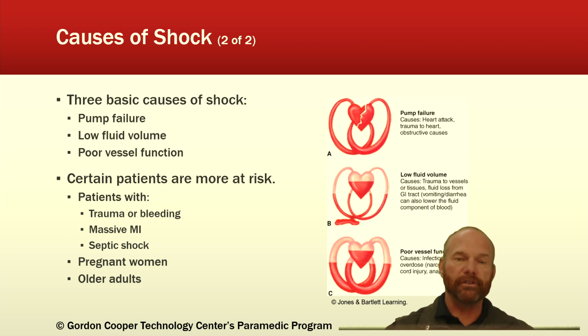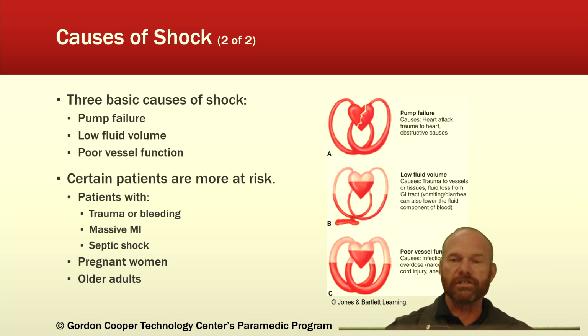Then we go to the fluid, so low fluid volume, insufficient blood volume due to hemorrhage or dehydration, and that can result in hypovolemic shock. And then we get into the vessels or the pipes, so vascular issues that prevent proper blood flow, often seen in conditions like sepsis or anaphylaxis.